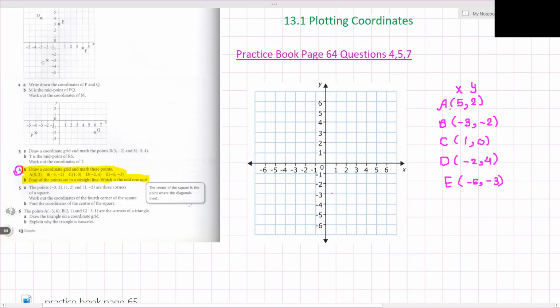And we said also in the previous videos that if we want to plot any point, first we will start with x, we will go right or left, and then we will go up or down with the y coordinate. We have here x equals 5.